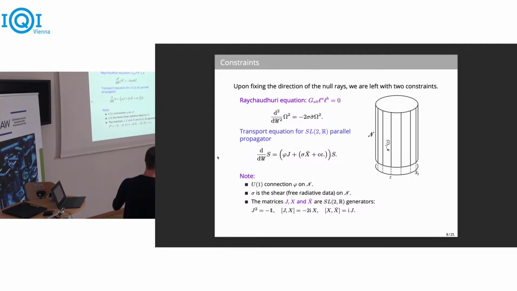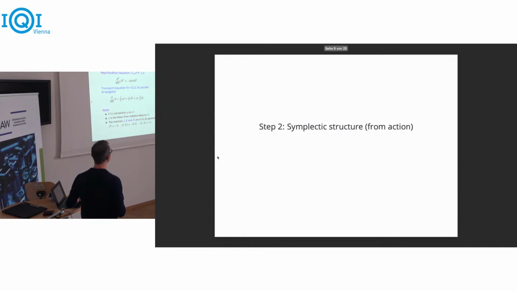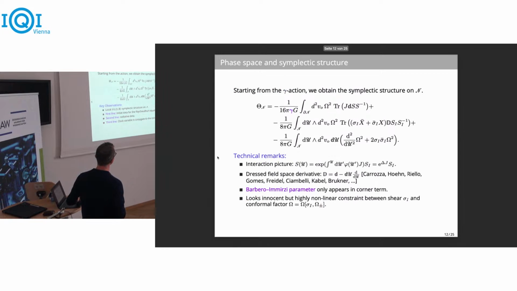So you need a time-ordered product. But if sigma is just constant with respect to U, you can solve this immediately. And so both constraints, both equations simplify for piecewise constant data.